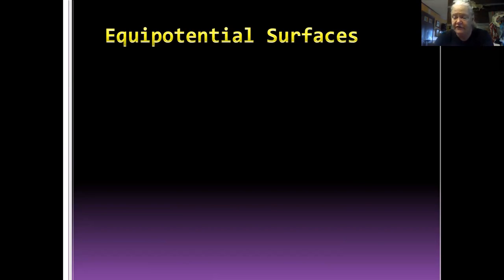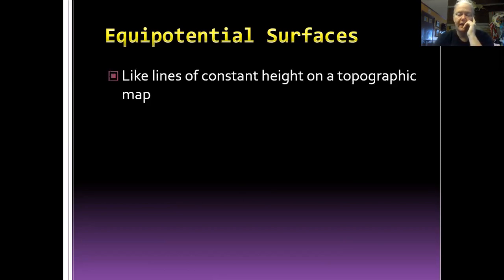No work is done. If you stay at the same altitude on a topographic map, then you are not having to do any work against gravity because you are not changing your altitude. So an equipotential surface is a line or a surface where instead of the gravitational potential energy being constant, the electrical potential energy is constant because the potential, the V, is constant.